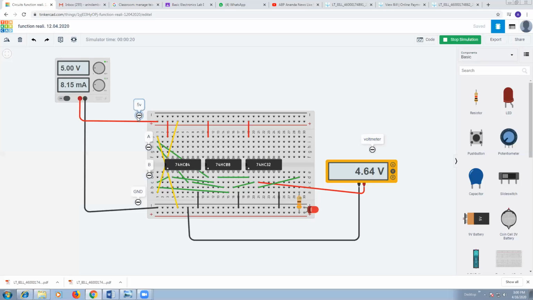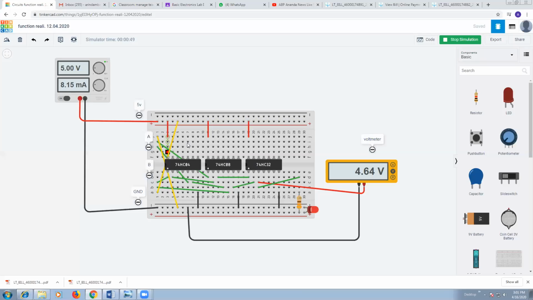The positive terminal of this 5 volt I have connected with the horizontal power rail of this breadboard. So all these holes of the horizontal power rail are plus 5 volt DC source, which is logical 1, and it is to be connected to pin number 14 of all these ICs, that is 7404, 7408 and 7432.